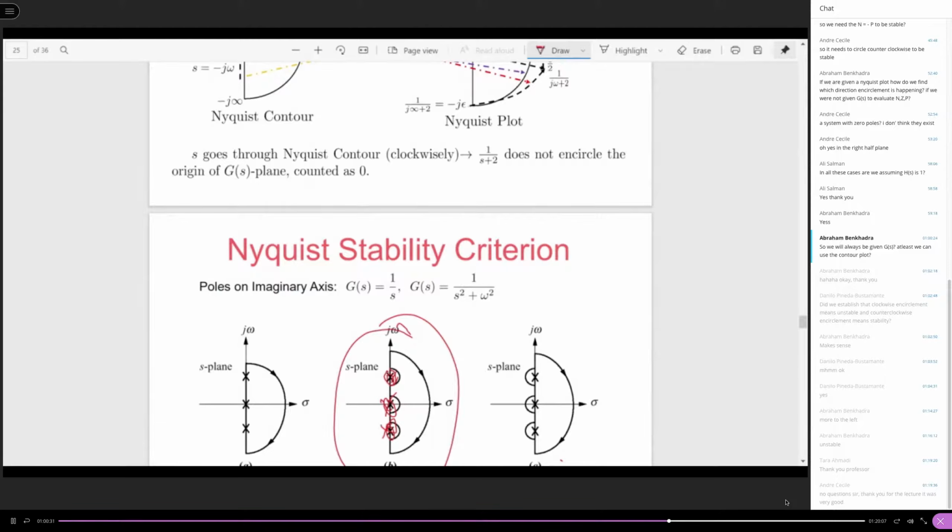Will we always be given G of S? That's a good question.